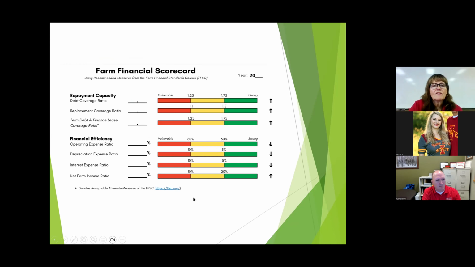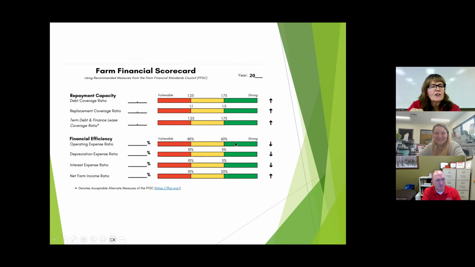And last, that financial efficiency ratio, again, in that 60 to 80% is kind of normal. I like to see it 70% or below. I don't know that I've seen it actually drop below 60% very many times. It's usually in that 60 to 70% range for the operations that I've looked at.